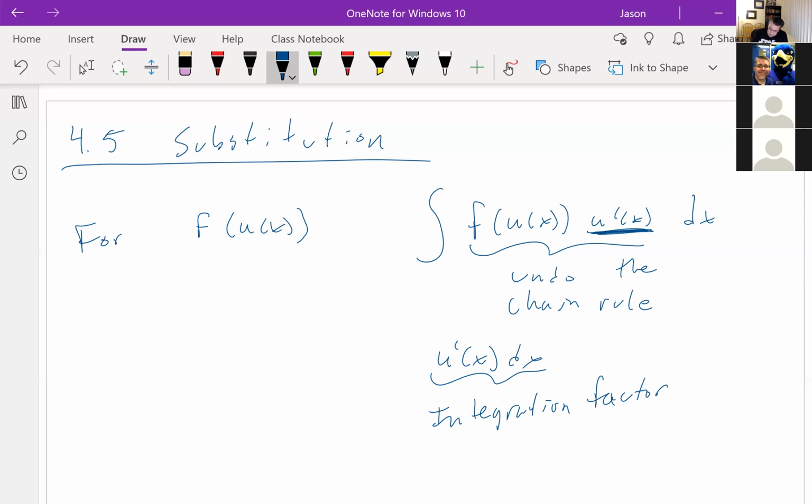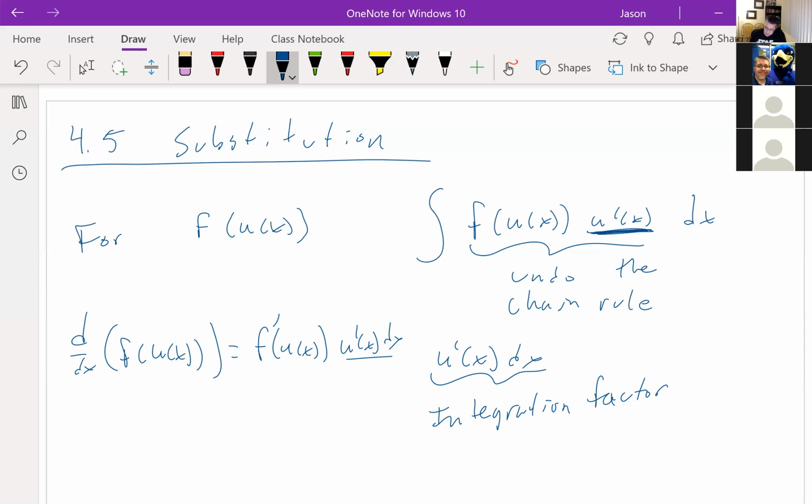Because remember when we take a derivative of f of u of x, we end up with f prime of u of x times u prime of x dx. So if I want to go backwards, I need that integration factor.